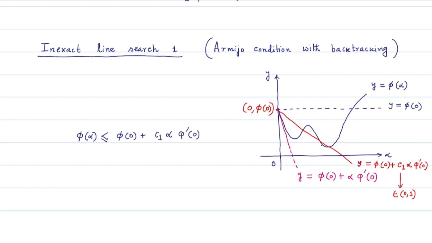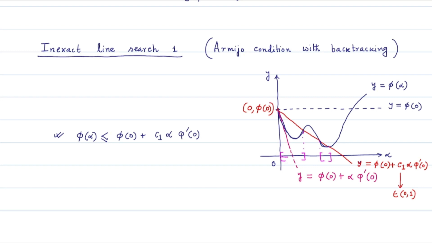From this graph y equals phi alpha, we see that acceptable alpha values which satisfy this inequality are the set of all points from here to this, then from here to this point. So we get the range of alpha from 0 to this point, and then from this point to this point.